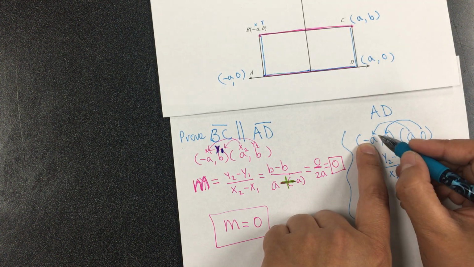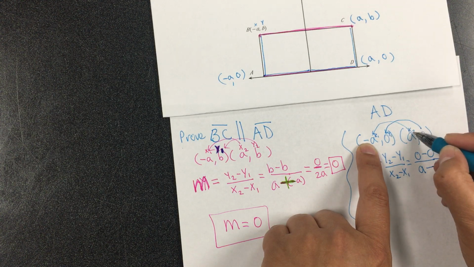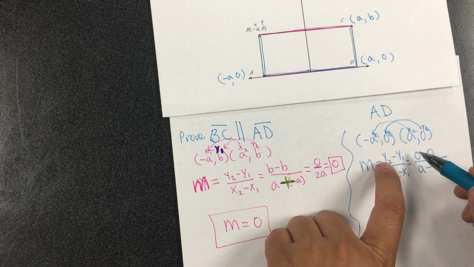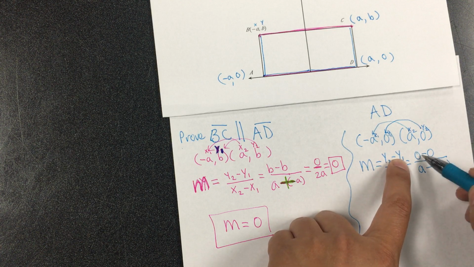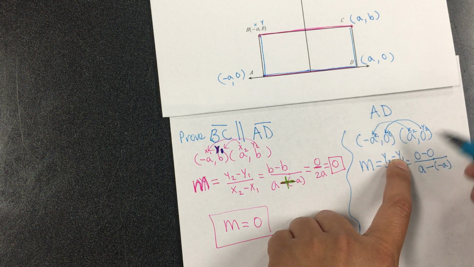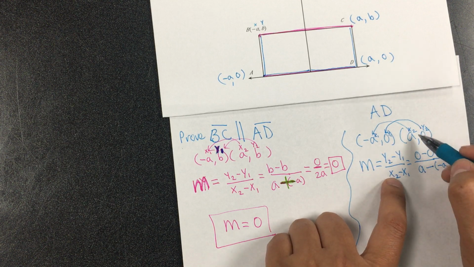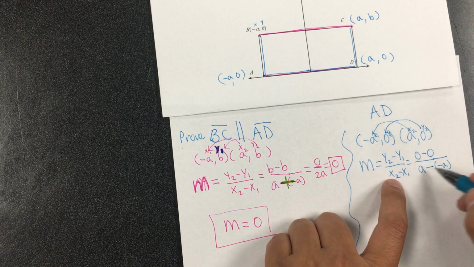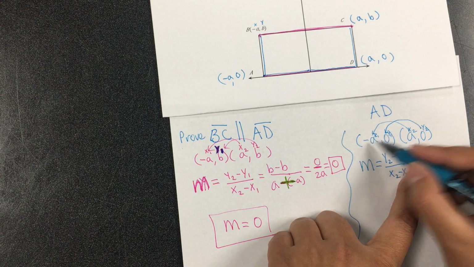Okay, now if you prefer the labels, that's fine. x1, y1, x2, y2. So y2, 0, minus y1, 0, over x2, I go over here and it's a, minus right here, x1 is negative a.